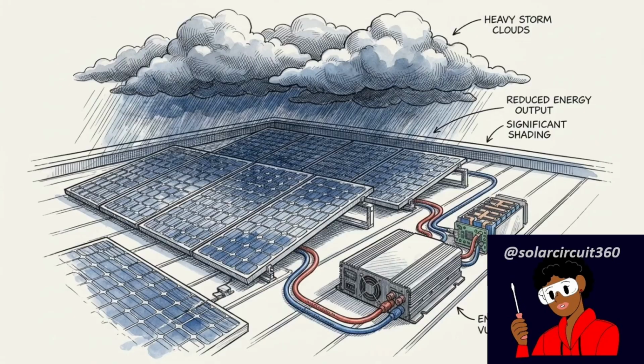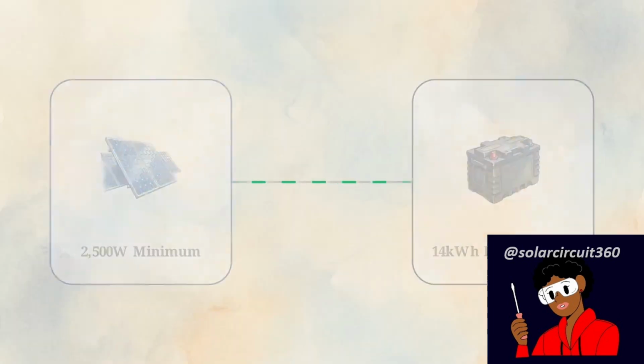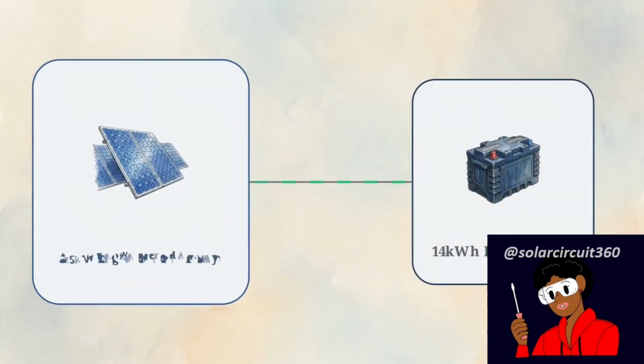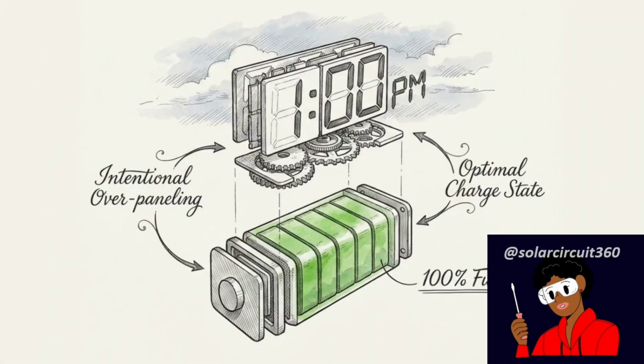A break-even system is vulnerable. A single cloudy day or the low sun angles of winter will prevent the battery from reaching a full state of charge. Engineering for reliability requires expanding the array to 3.5 kilowatts. This expanded capacity, shown here, accelerates the recharge cycle. This intentional overpaneling ensures the battery bank reaches 100% capacity by early afternoon, even during suboptimal weather.